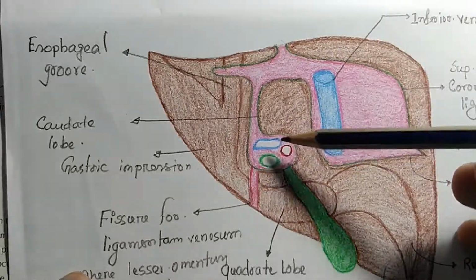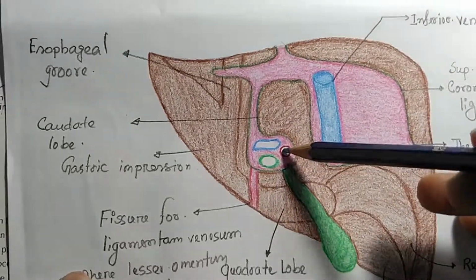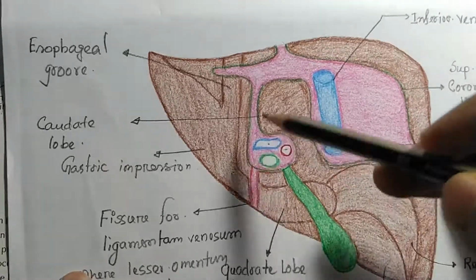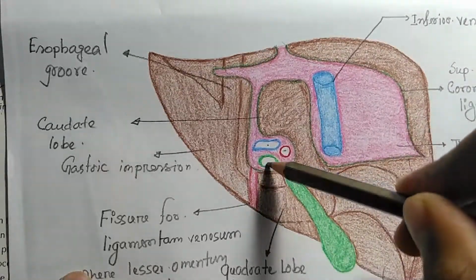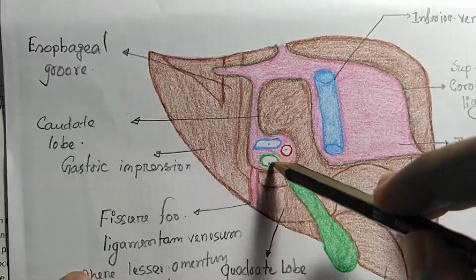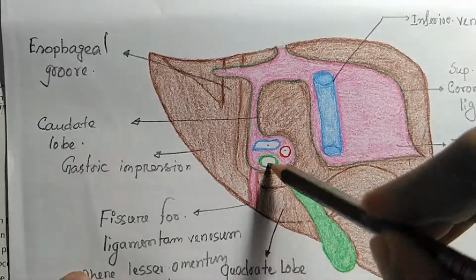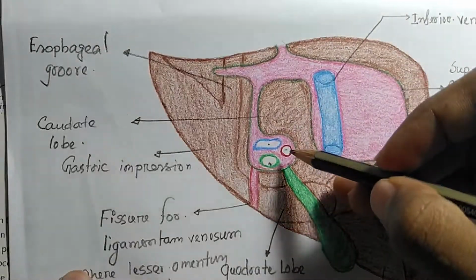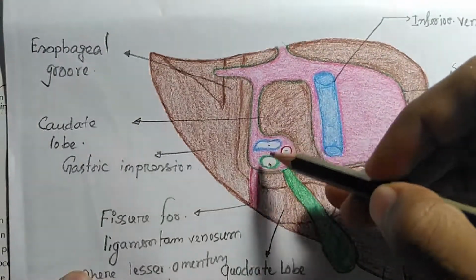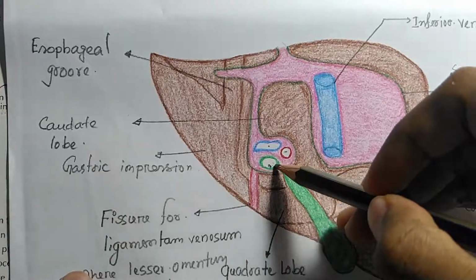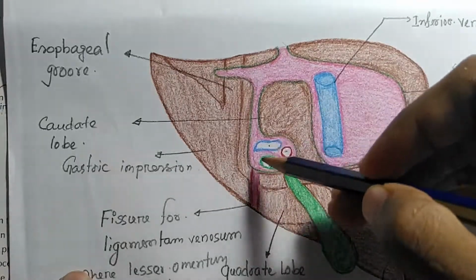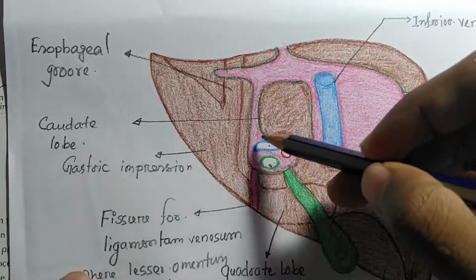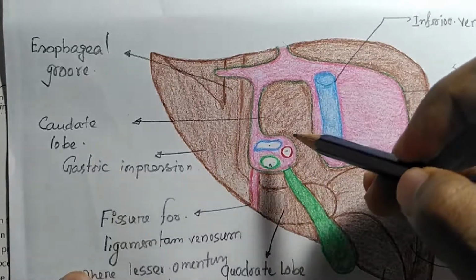You can see there are three structures: the hepatic artery, the portal vein, and the common hepatic duct. Together this is called the portal triad.